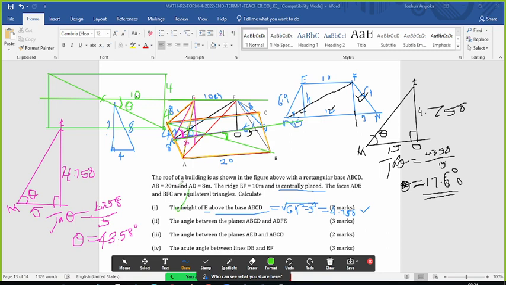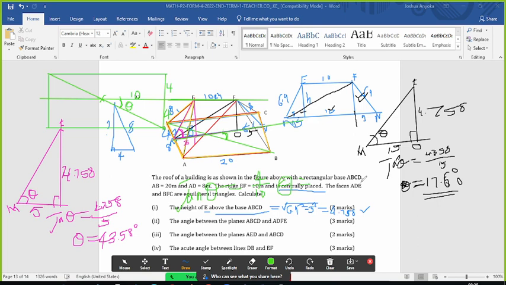So our tan theta will be equal to opposite 4 over adjacent 10, and then you get theta, the inverse of 0.4.